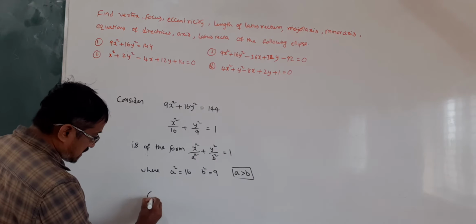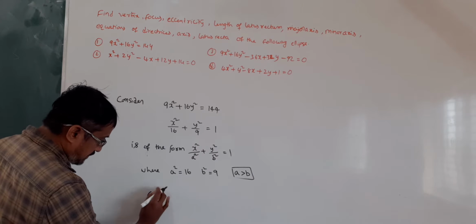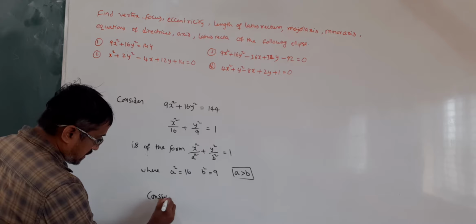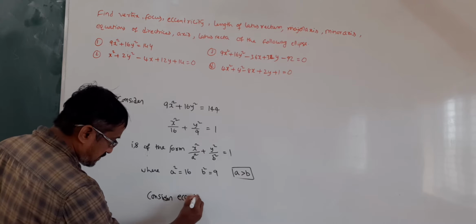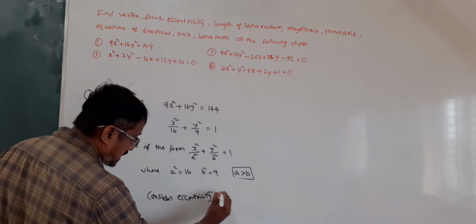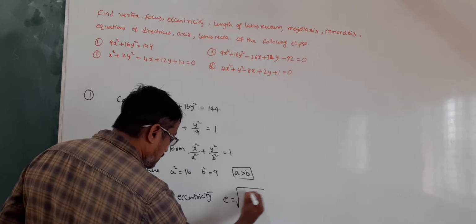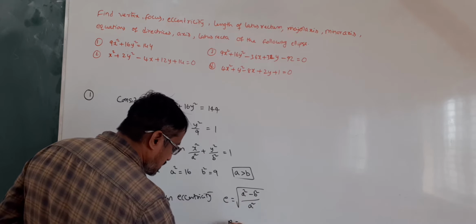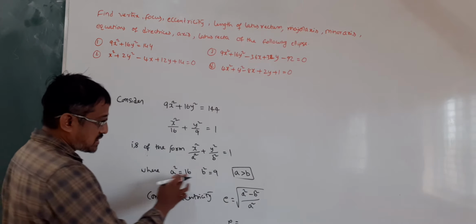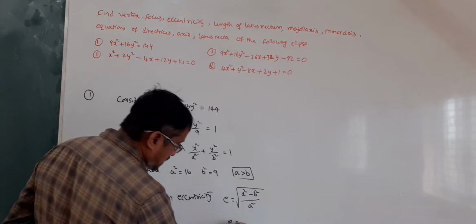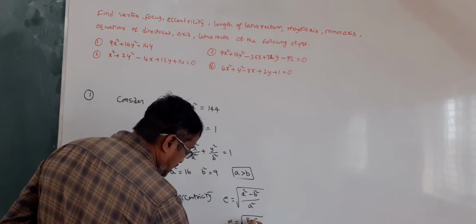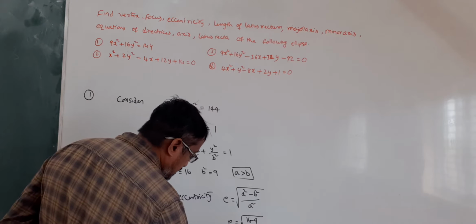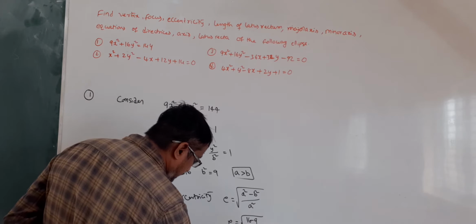So let us consider the eccentricity of the ellipse. e is equal to root over a square minus b square by a square. So e will be root over 16 minus 9 by 16. e is root 7 by 4.